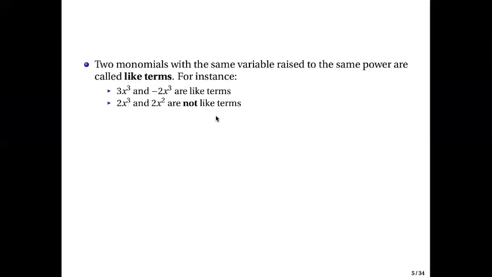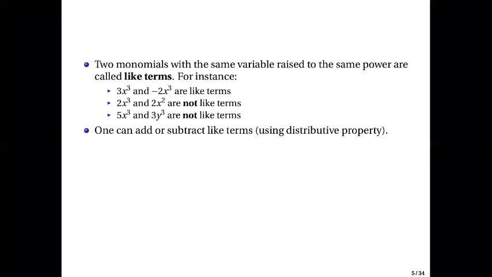So they are not like terms. In here you have 5x cubed and 3y cubed. These are not like terms. Why? Because the variables are different, although they have the same power. They are both 3, but the variables are different. So like terms, same power of the same variable.